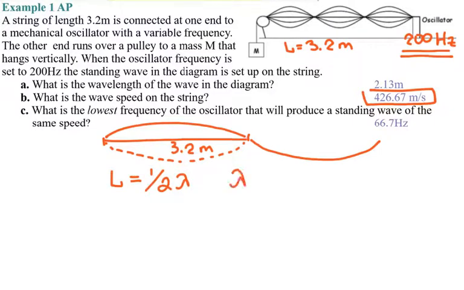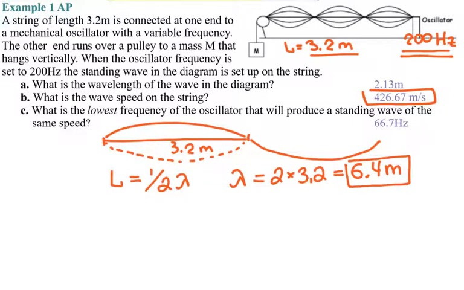That means the wavelength for the first harmonic would be 2 times 3.2, which is 6.4 meters. The speed is given and the wavelength is given. I'm looking for the frequency. The velocity is equal to lambda times the frequency.